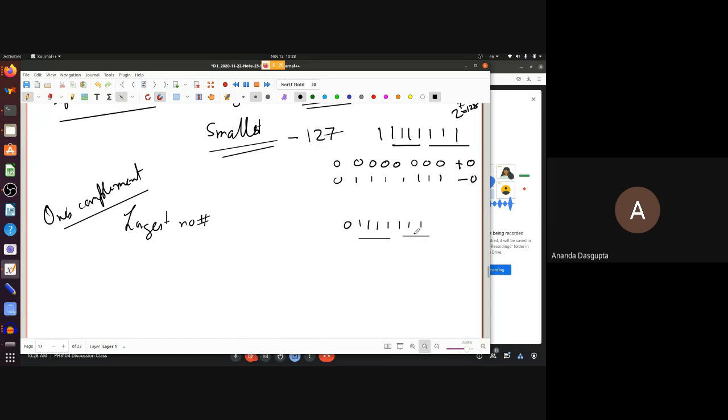So that's plus 127. Smallest. The smallest number, if you are writing it in 2's complement, smallest 8-bit number.